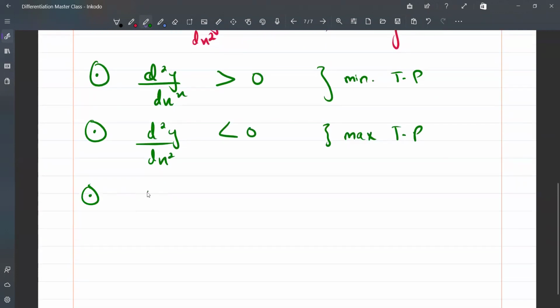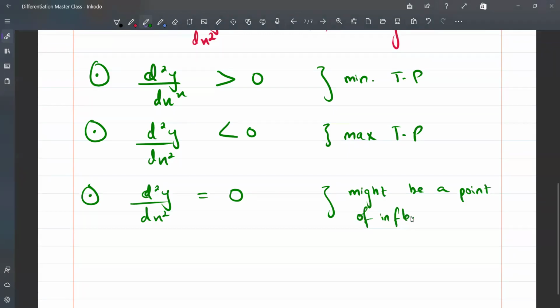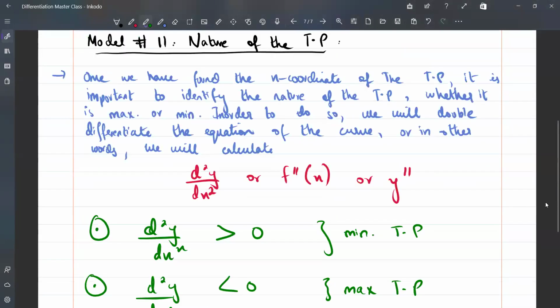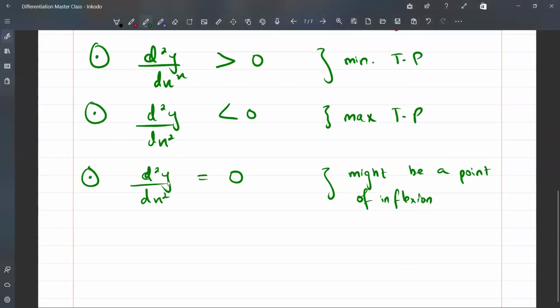And if d square y upon dx square is equal to 0, then it might be a point of inflection. And what is a point of inflection? For that, we have to wait till model 12. So let's do an example of this first.